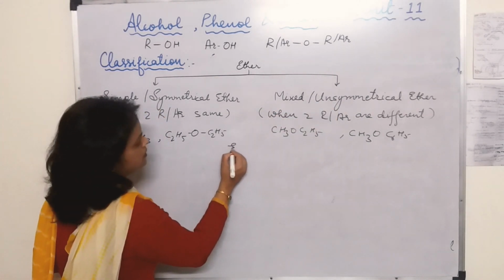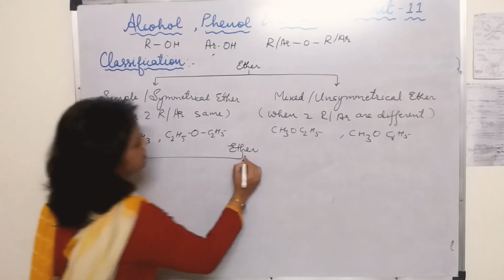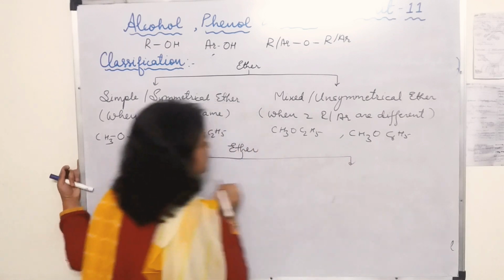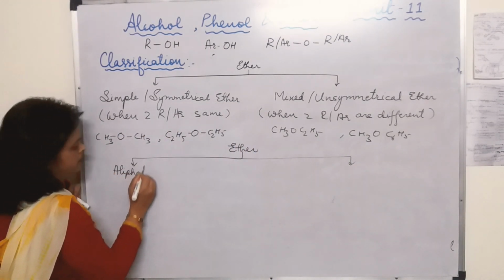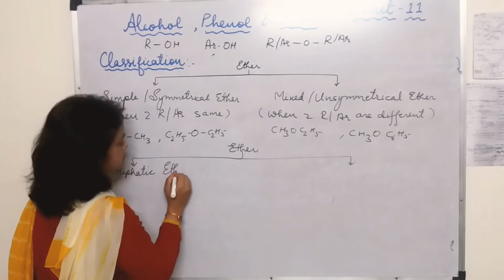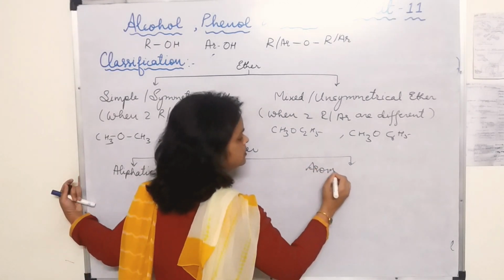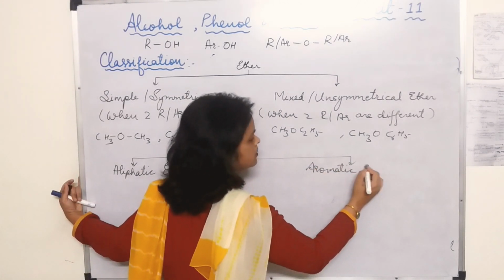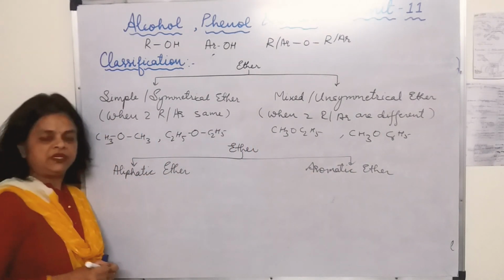Ethers can again be of 2 types. The first one is aliphatic ether, or they can be aromatic ether. Now what do we mean by aliphatic ether?